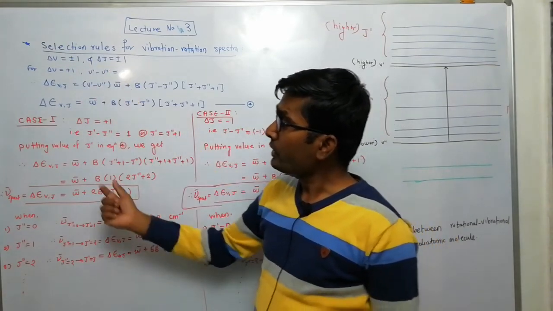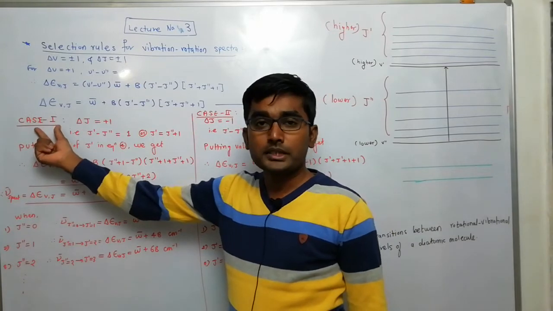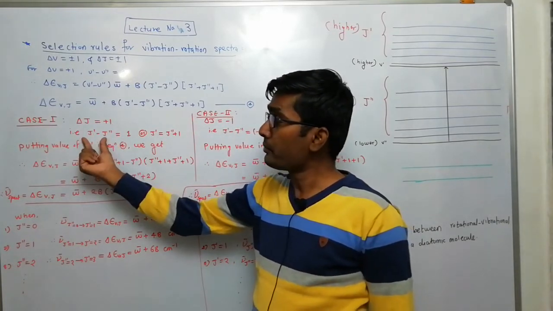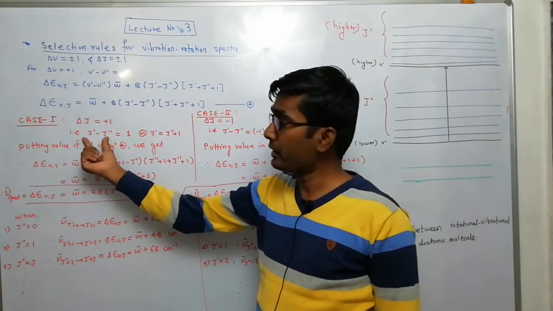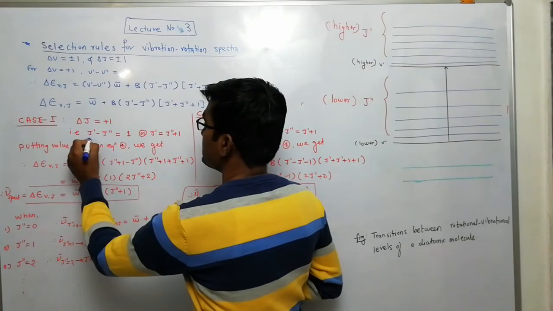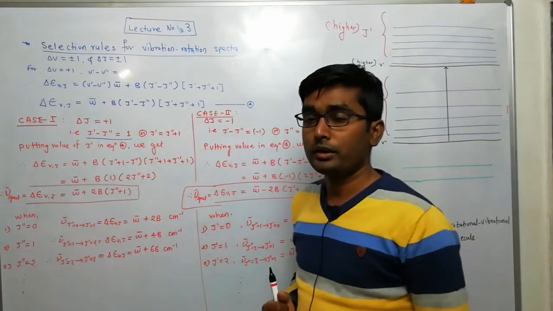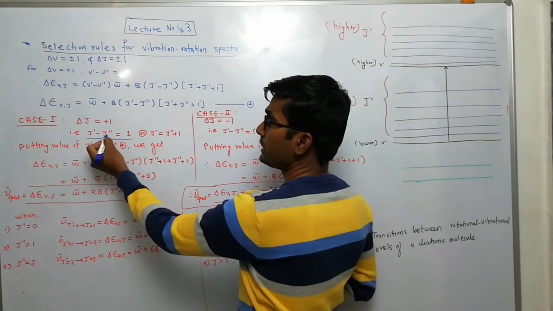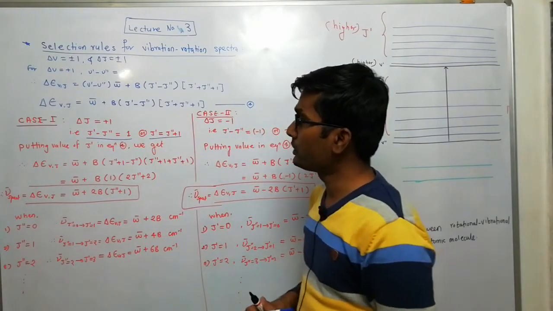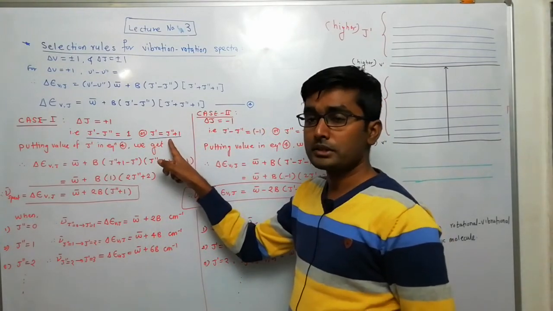Now, consider case 1, delta J is equal to plus 1, which means J prime minus J double prime is equal to 1. If you take this J double prime to the right hand side, then we get J prime is equal to J double prime plus 1.